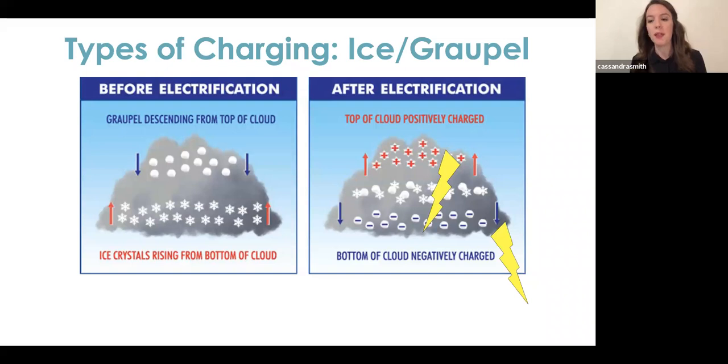When they exchange places, they interact with each other and charge. Briefly, the ice particles charge positively, the graupel charges negatively, and you get these charge differentials that allow lightning to form both within the cloud and between the cloud and the ground.